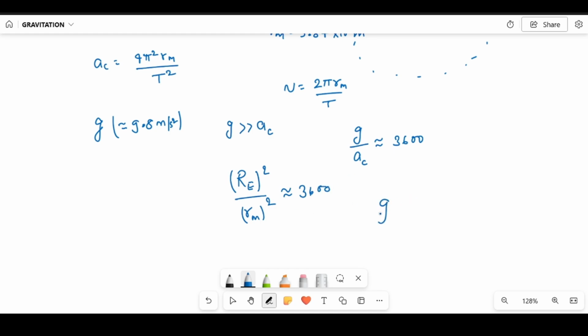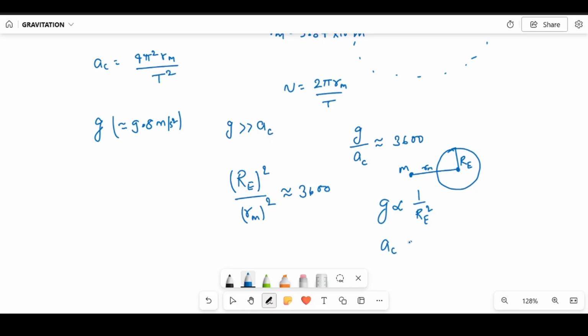It means g is proportional to 1 by r_e squared, and r is the radius, so it is the distance between a point on the surface and the center of the Earth, and r_m is the distance between the Moon center and the Earth center.